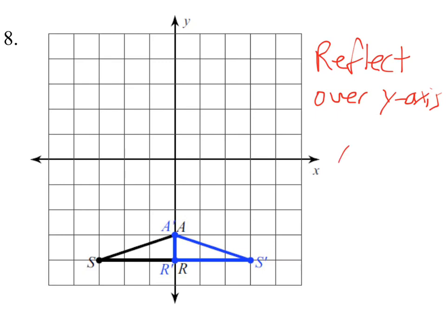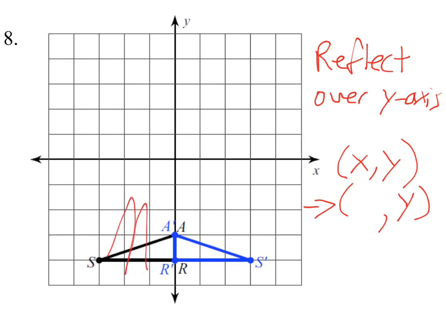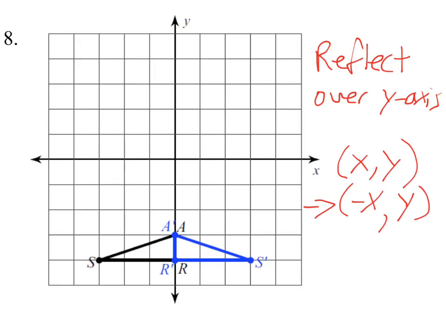And if you look at your notes, or if you don't have your notes, you look at this, the coordinates for all the y values are going to stay exactly the same. It's the same height, you're not going up and down at all. But all your x's are going to be the opposite of what they used to be. You used to have an x value of -3, now it's positive 3, and that's your whole function. And that is looking like the entire thing.